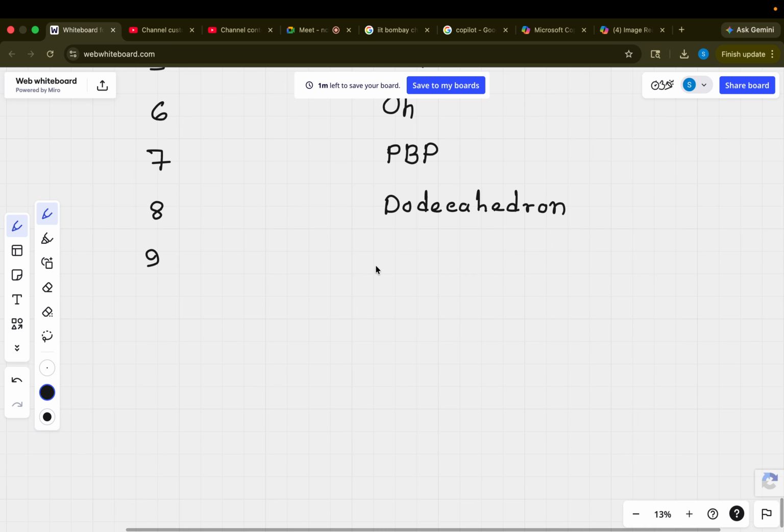If you are getting 9, that time it will be tricapped trigonal prism. If this value is 10, then it will be tricapped square antiprism.